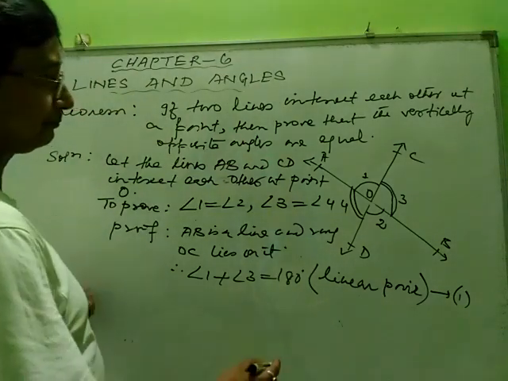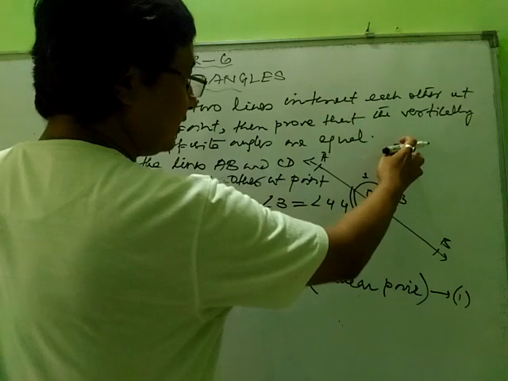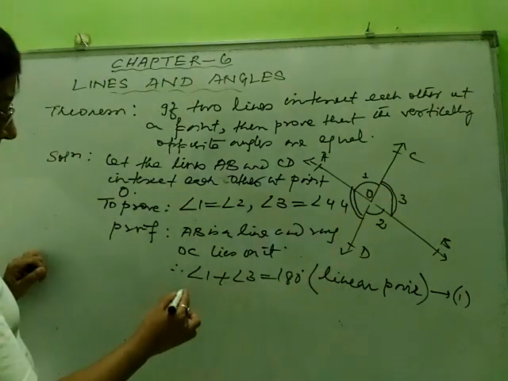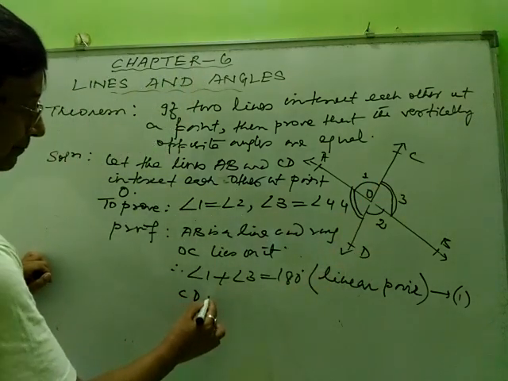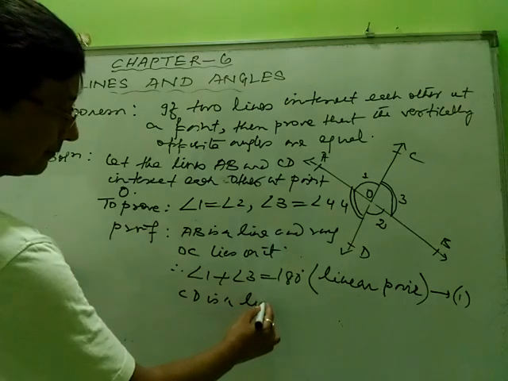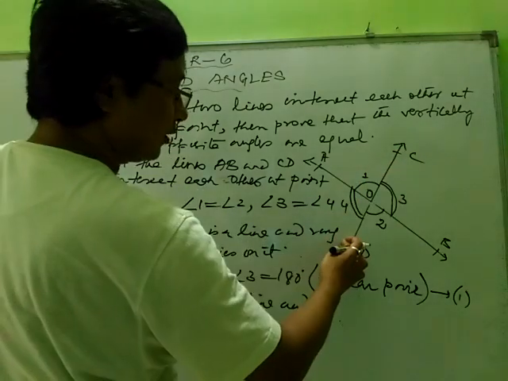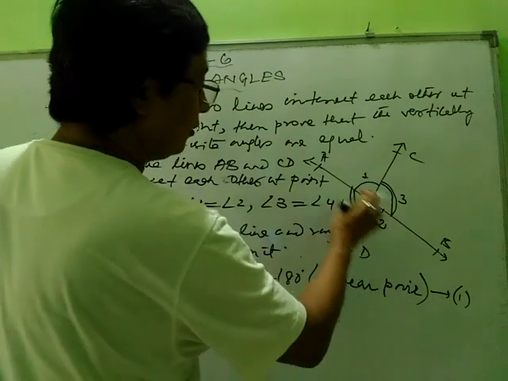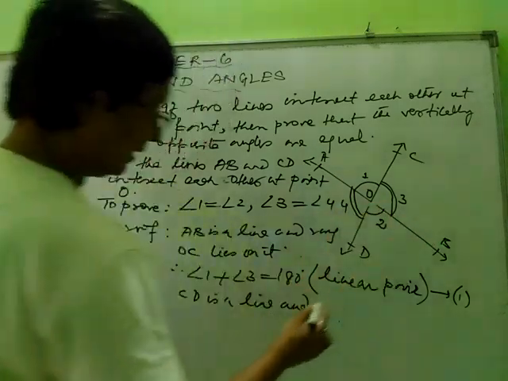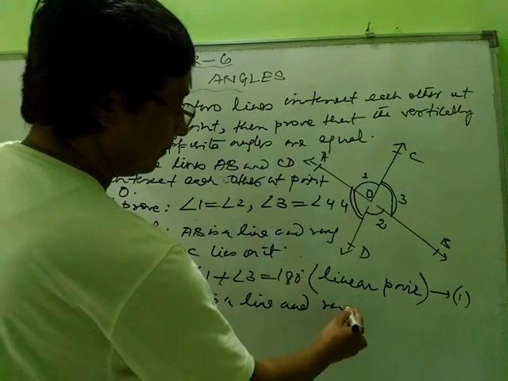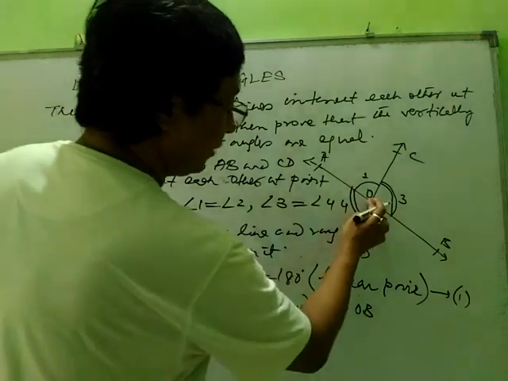Now you take the line CD. CD is a line. Now you can take OB or OA. Let us take OB.